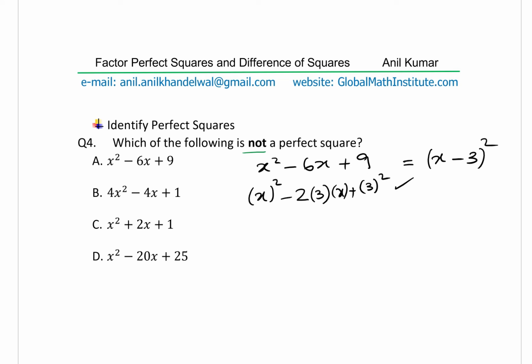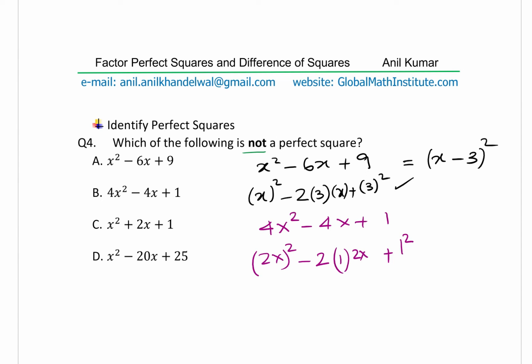Does it make sense to you? So likewise, you can check for each one of them and then figure out which ones of these are not perfect square. Now let's do the second one, which is 4x squared minus 4x plus 1. As you can see, 4x squared is square of 2x, 1 is square of 1 itself, and the center term could be written as minus 2 times 1 times 2x.